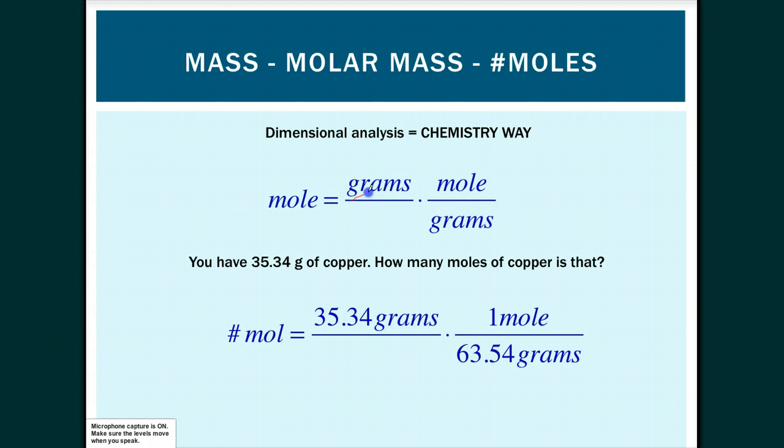Dimensional analysis requires the unwanted units to be canceled, and here our grams cancel because we're looking for moles. So 35.34 is our grams, and 63.54 was grams per mole, so I flip it and my grams go downstairs and my 1 mole goes upstairs. Again, grams canceled, and I end up with 35.34 over 63.54. So I take mass and divide it by molar mass.